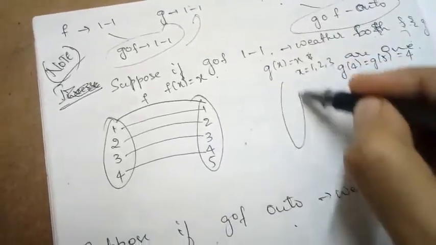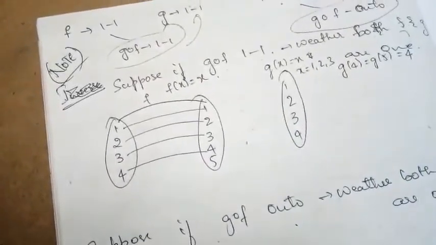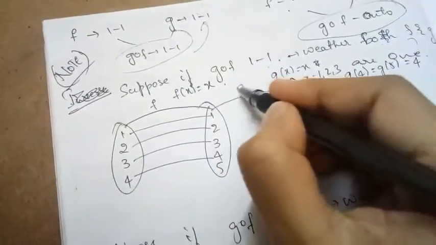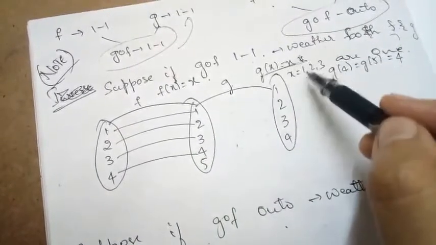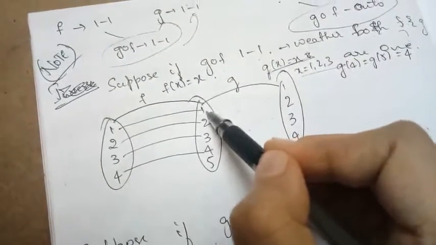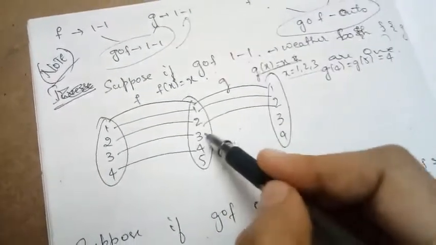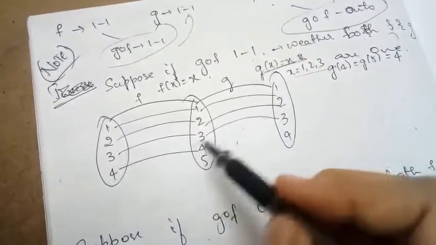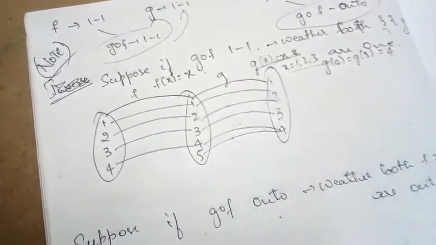So our set C will be 1, 2, 3, 4. When x is 1, g of x is 1. When x is 2, g of x is 2. When x is 3, g of x is 3. For 4 it is 4 itself, and for 5 it is also 4.